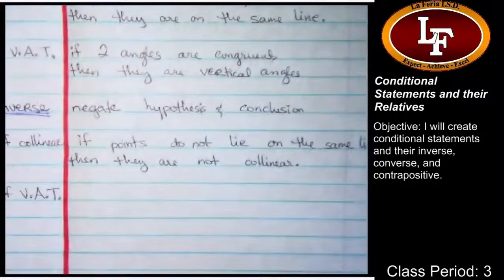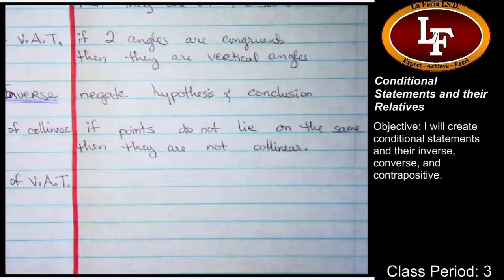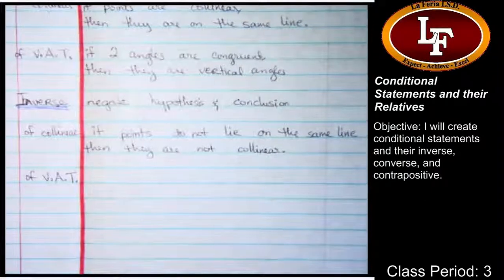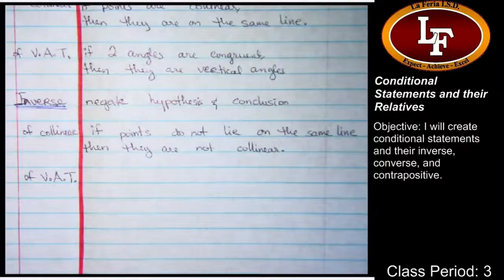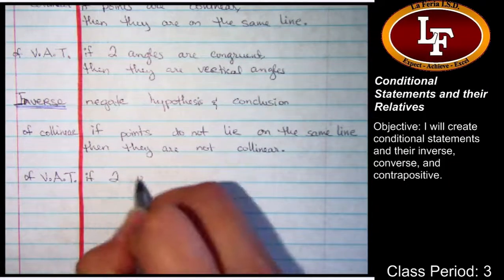All right, the inverse of the vertical angle theorem. Remember, you're going to use the original conditional statement from the very top of the page. If two angles are not vertical, then they are not congruent. Beautiful.